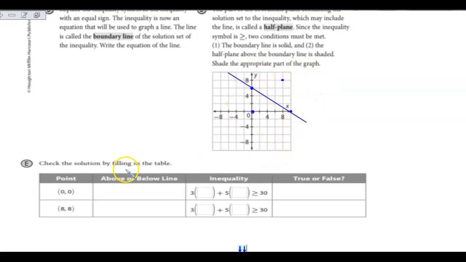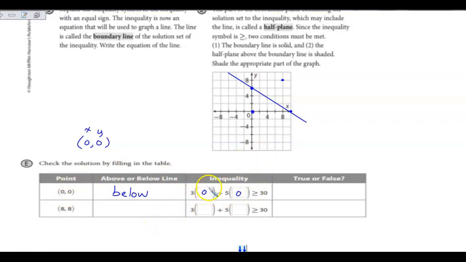So the first thing we do is we just try that ordered pair. And remember, the ordered pair has an X and a Y in it, doesn't it? So the point 0, 0 is below the line. And I am going to replace the X and the Y with my ordered pair 0, 0. Okay?